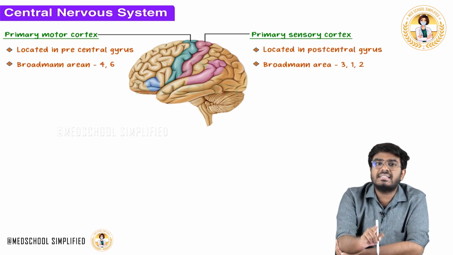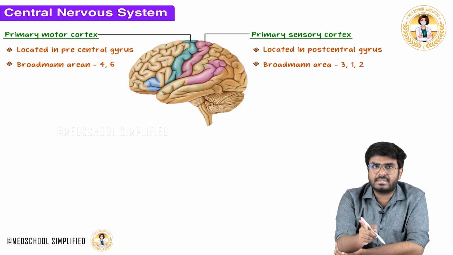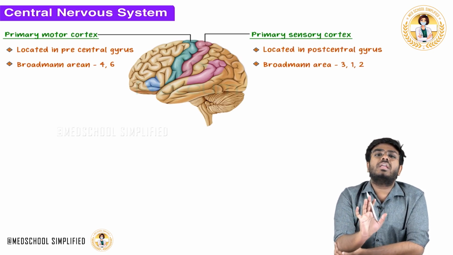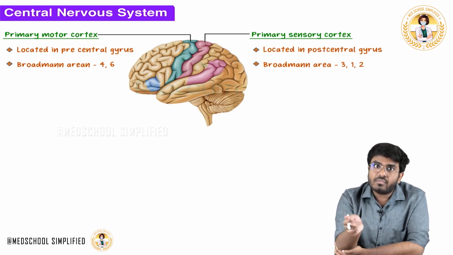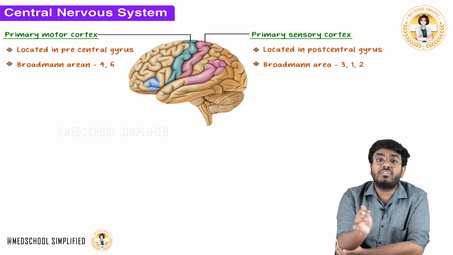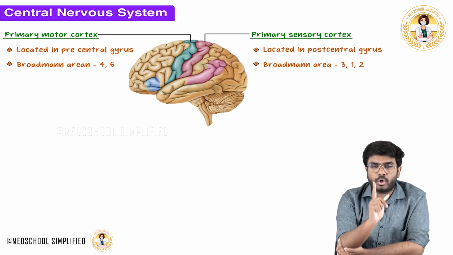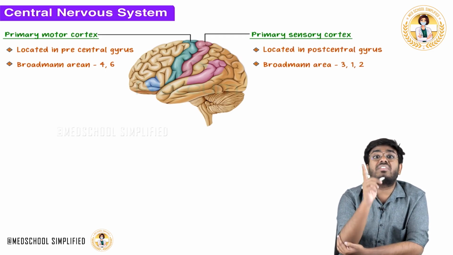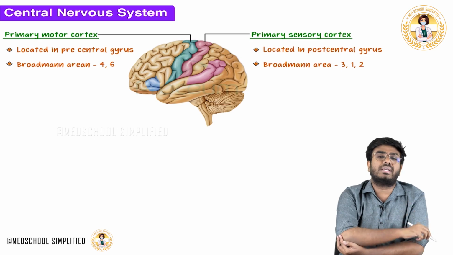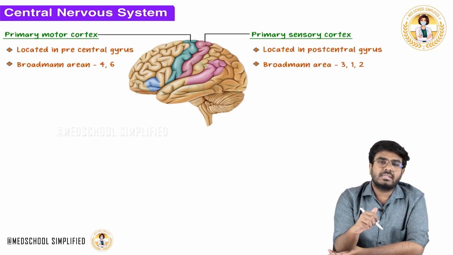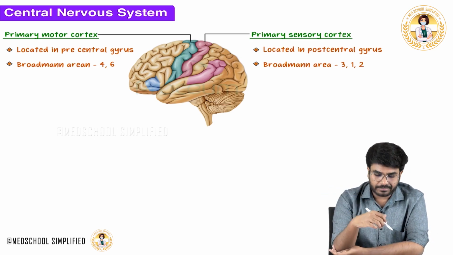That's why we call it the somatosensory cortex. It doesn't mean it is not involved in motor information. It is involved in motor control of the body. That too, 40% of the upper motor neurons will come from the somatosensory cortex. Remember this point. We'll discuss in detail about this in the motor nervous system.